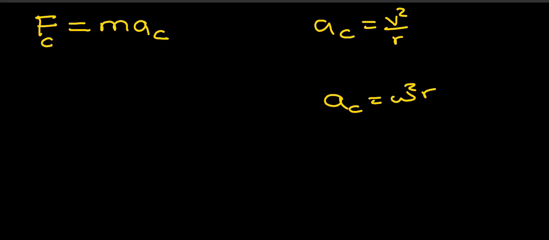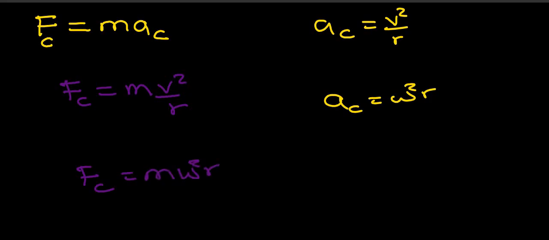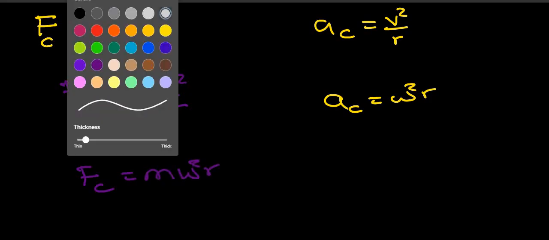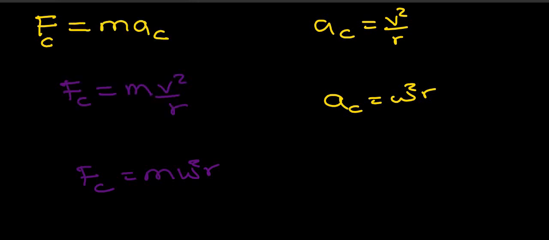Fc is equal to m times v squared over r if you're using this one, or the mass times omega squared r. It just depends on the acceleration you've decided to use.